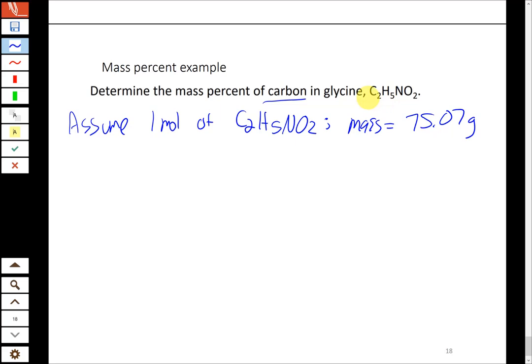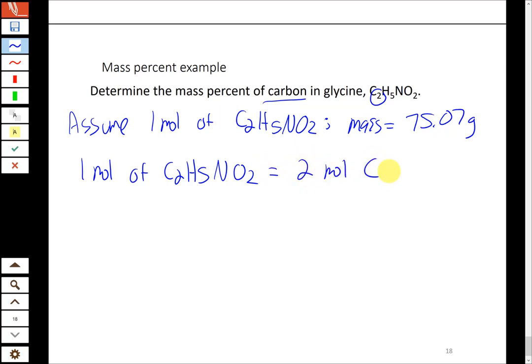This compound has 2 carbons in the formula, so in 1 mole of compound, we have 2 moles of carbon. Again, the subscript 2 on carbon tells us that for 1 mole of C2H5NO2, there's going to be 2 moles of carbon present.